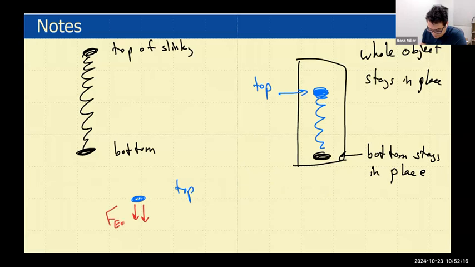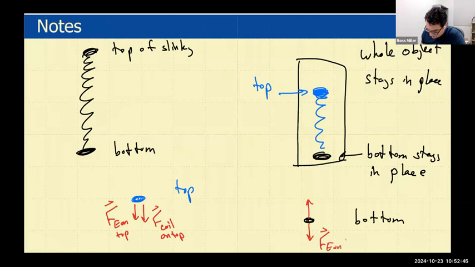It has the earth on top, and it has the rest of the coil on the top part. So that's unbalanced forces. And then for the bottom piece, we have the earth on the bottom, we have the coil on the bottom. But the whole object stays in place during that collapse, and then it falls.